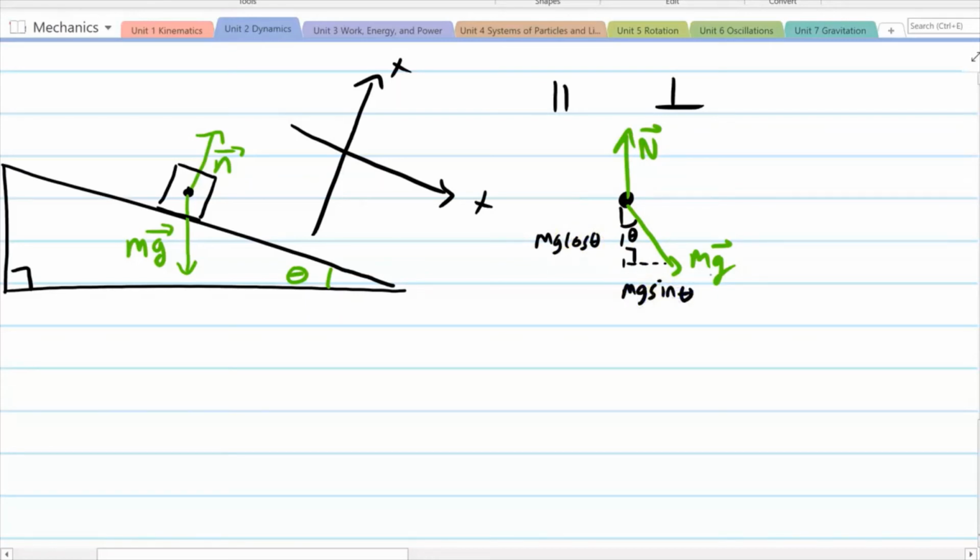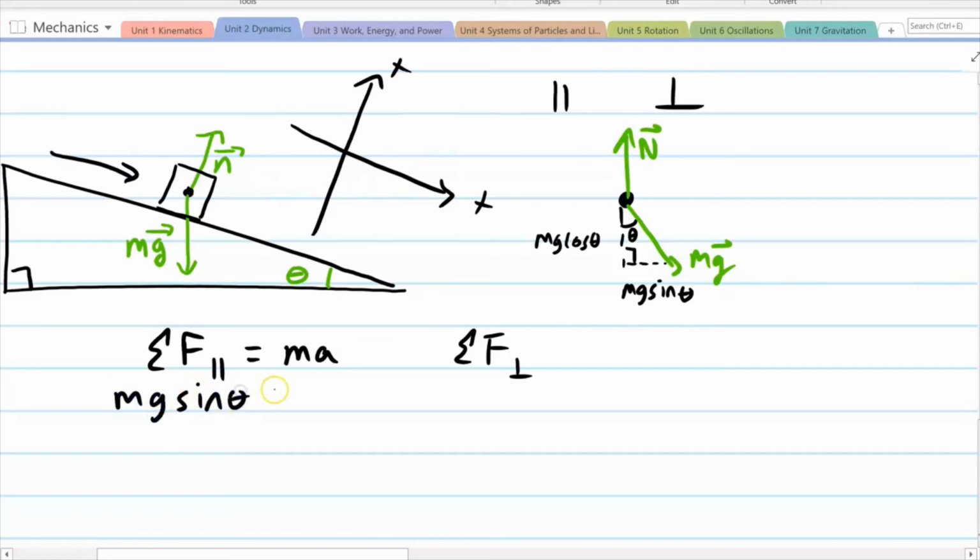Now we can use Newton's second law, but instead of using x and y, I'm going to use parallel and perpendicular. The net force is the parallel stuff, so anything going along this way is going to accelerate this way, if there's no friction and the only force is mg sine theta.